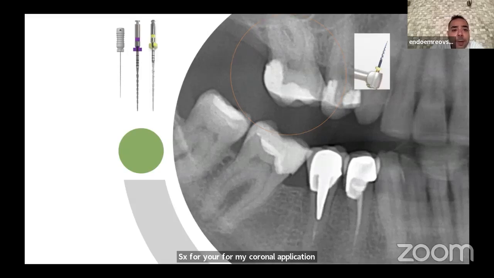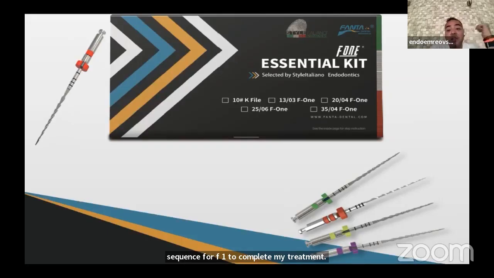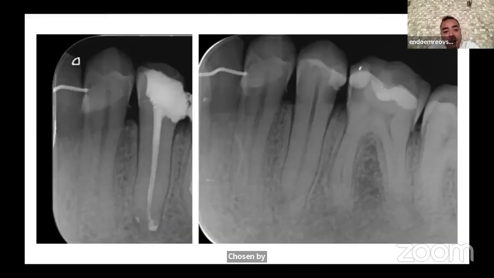Then I use my sequence for F1 to complete my treatment. And also, I sometimes use the F1 Essential, Stelio Italiano Endodontics, which is a very efficient set of files chosen by Stelio Italiano. I use it in my clinical practice.